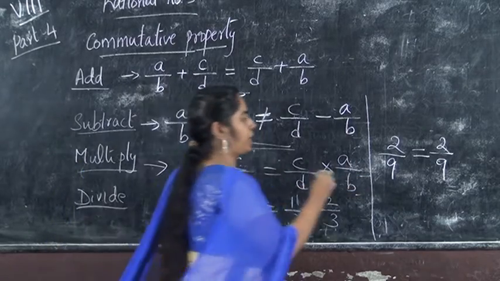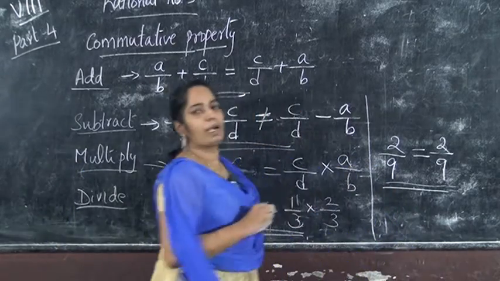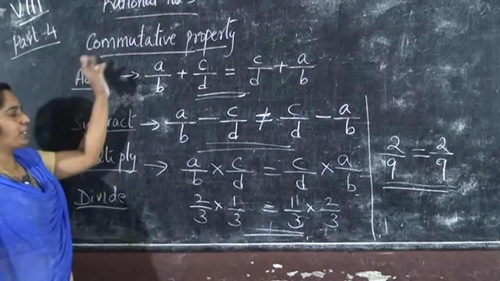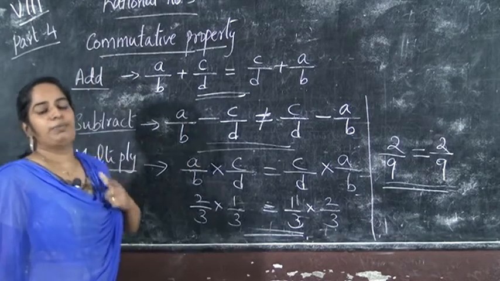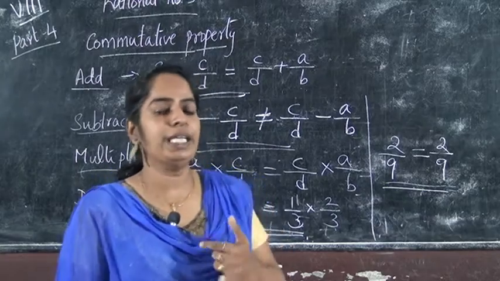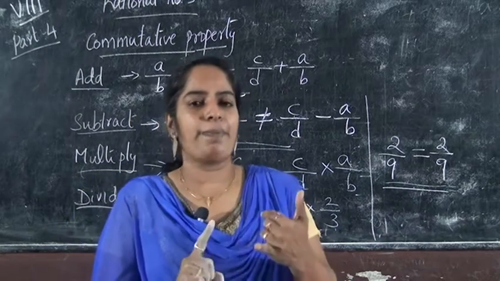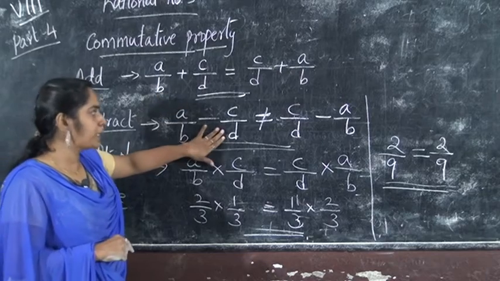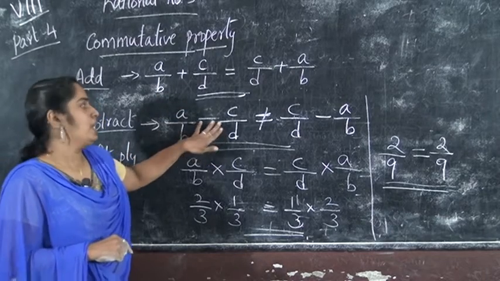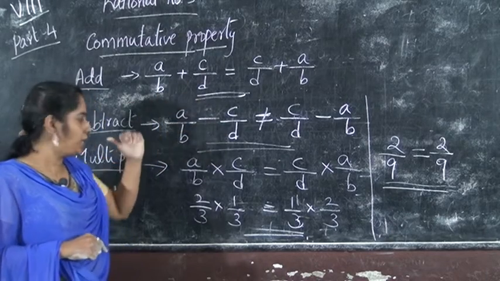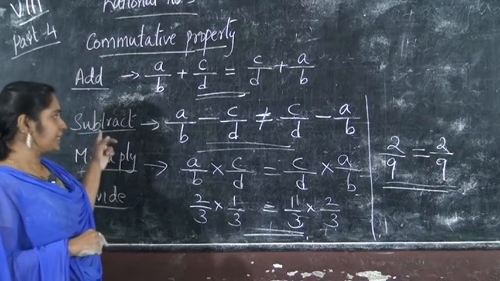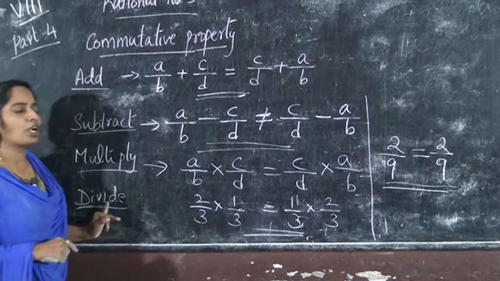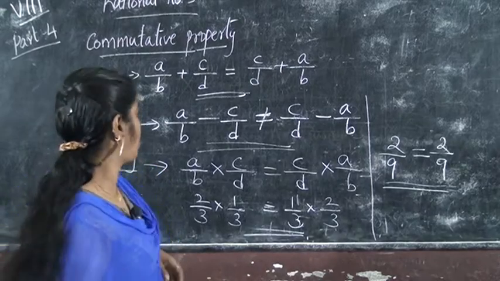So this is equal. That means commutative property is applicable for multiplication also. We studied commutative property is applicable for addition and for multiplication, but not applicable for subtraction, and it is not applicable for division also.